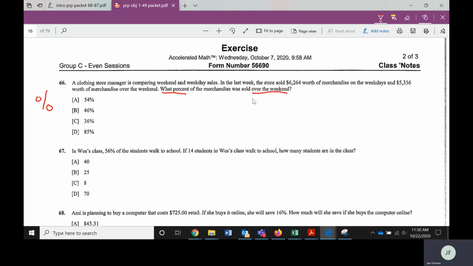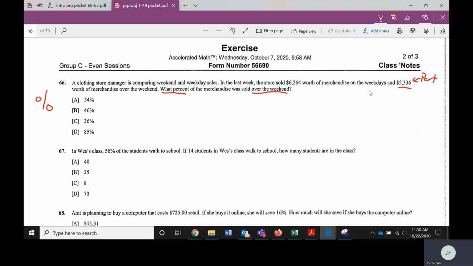And that is part of all the sales. So if sales happen over the weekend is part of everything, over the weekend is the part. And they give us that. It says $5,336 was sold over the weekend. So this is the part.